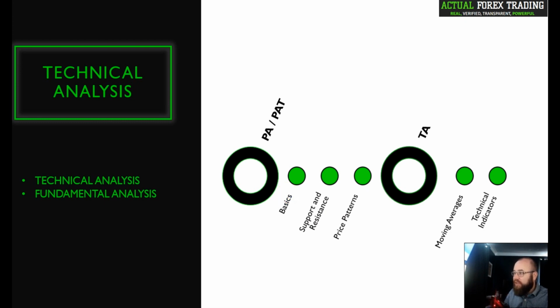So at the end of these three points, you'll know everything you need in order to use price action and understand price action, which will give you that foundation of technical analysis. There'll then be another series, completely for free once again, that will focus on building upon that foundation. TA is technical analysis. It'll focus on things like moving averages and other technical indicators.